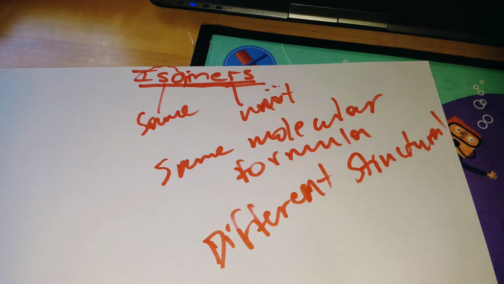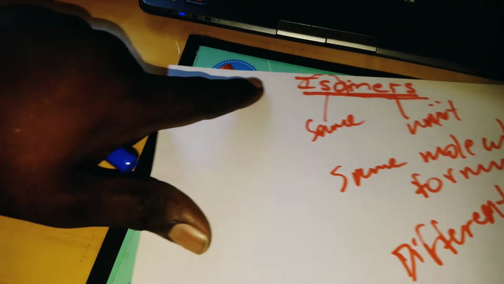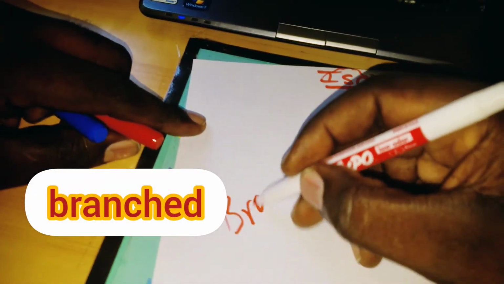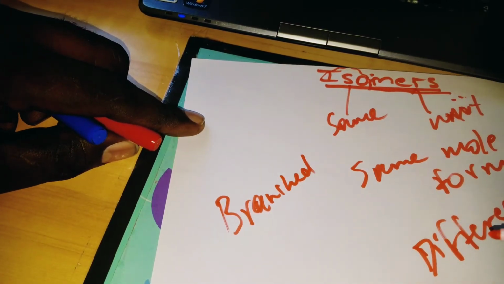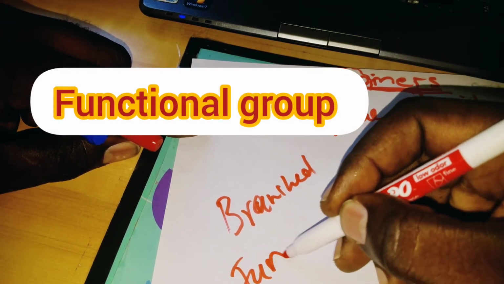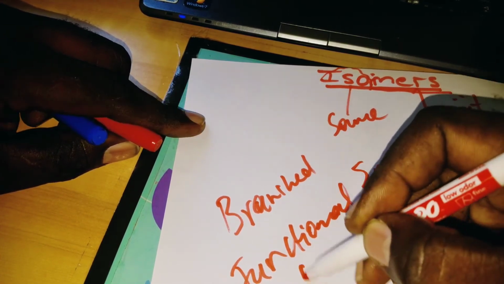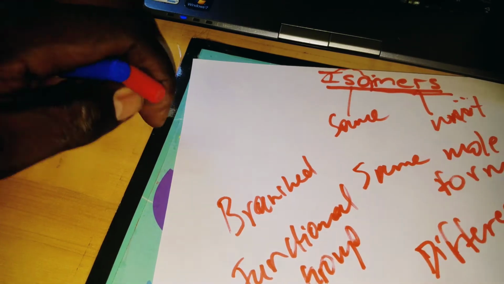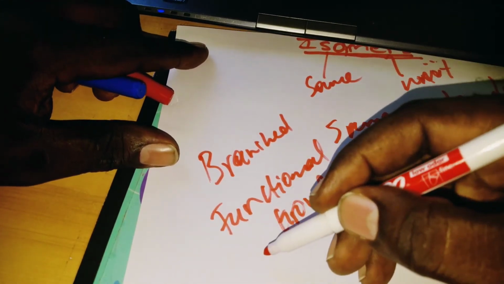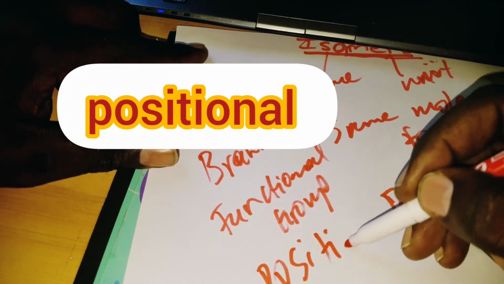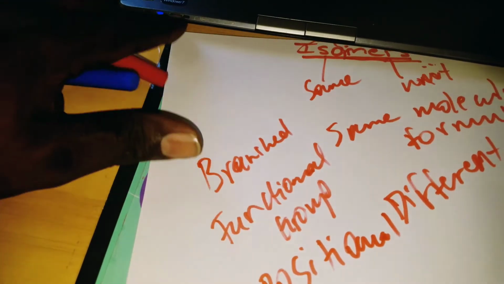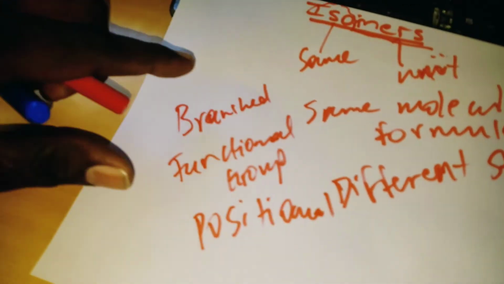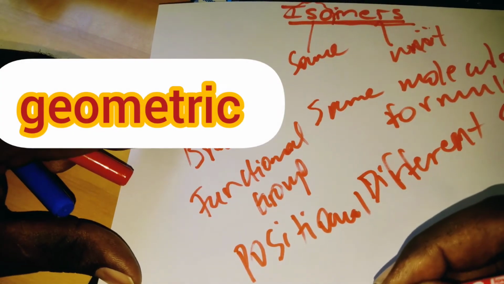Now, when you're just beginning your chemistry, what you're going to find is that your isomers are either going to be what we call branched isomers, some may be functional group isomers, and you may have positional isomers, and then you may have your geometric isomers.